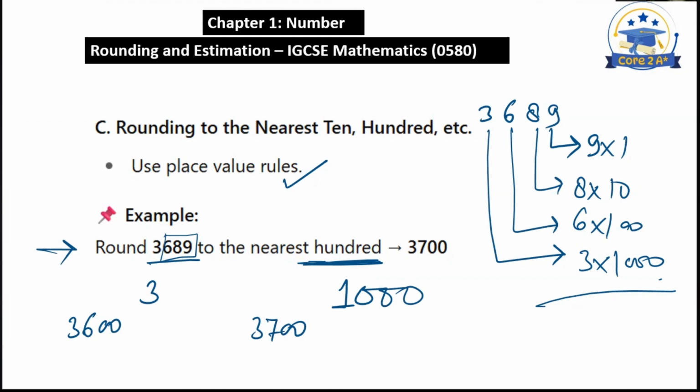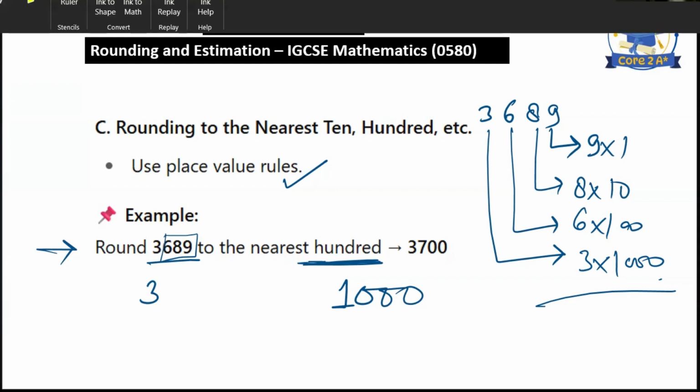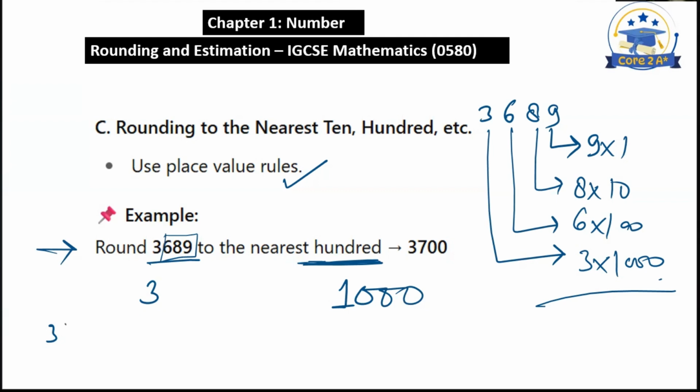Once again, let me explain the middle number. From 3500 to 3700, similarly 3600, we have 3700.